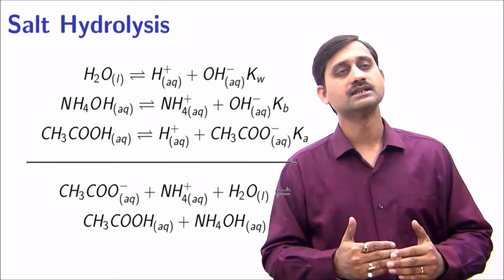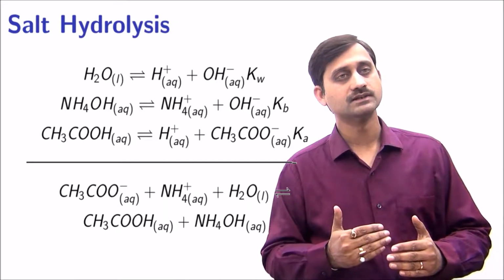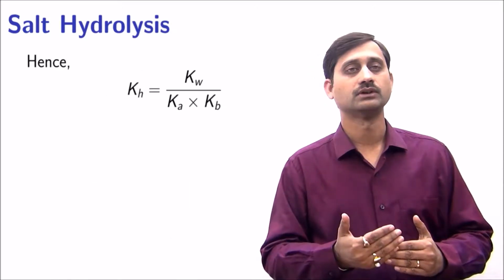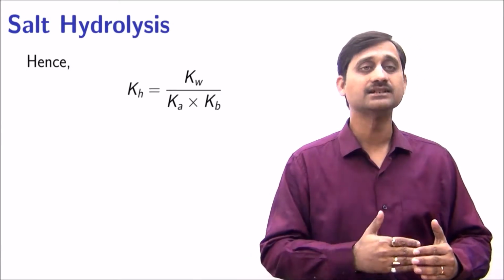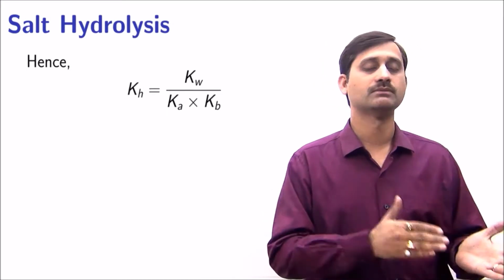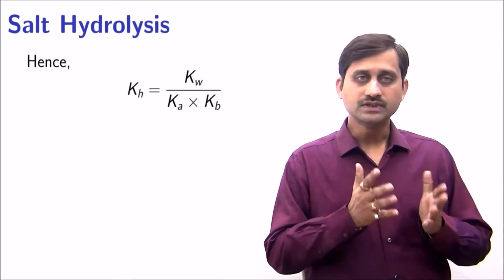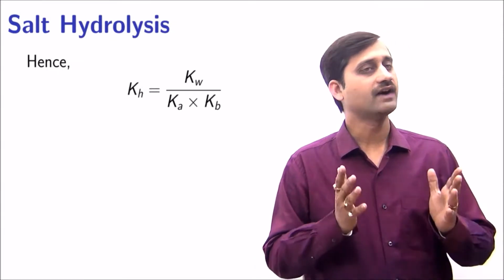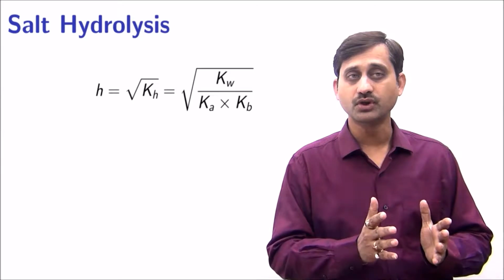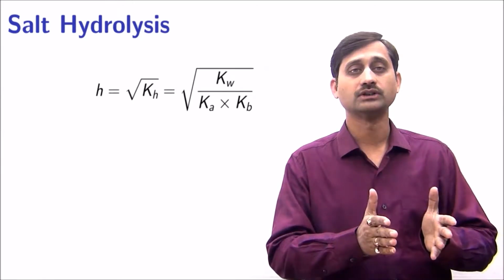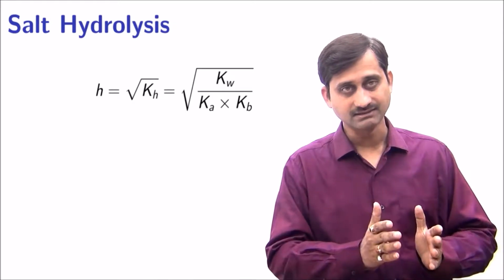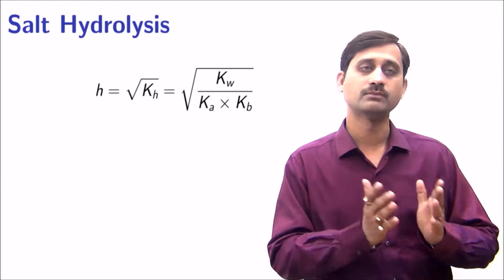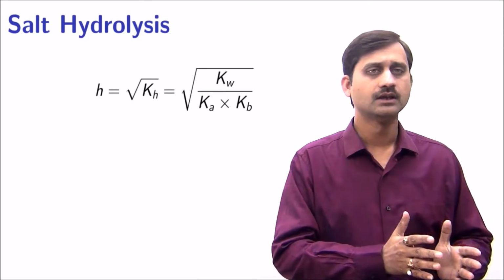Hence, using this concept, the hydrolysis constant is ionic product of water divided by the dissociation constant of acetic acid and dissociation constant of ammonium hydroxide. Using this expression, the degree of hydrolysis is the square root of ionic product of water divided by the product of dissociation constant of acetic acid and dissociation constant of ammonium hydroxide.